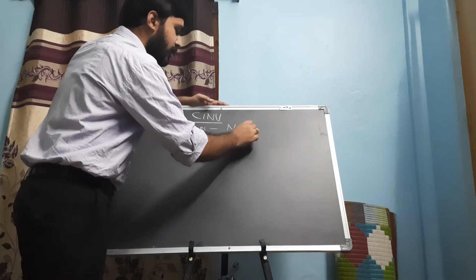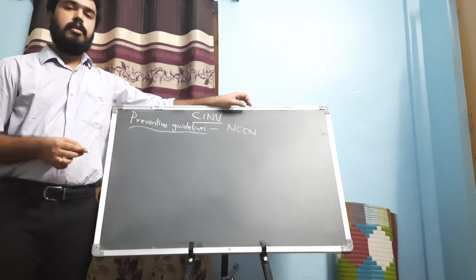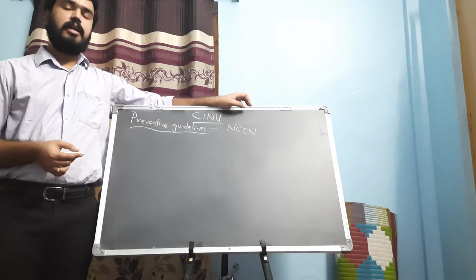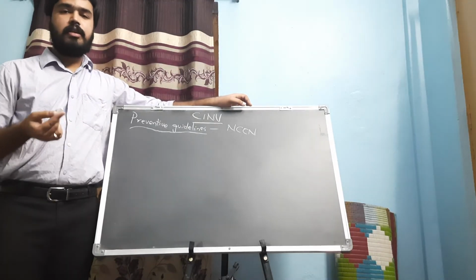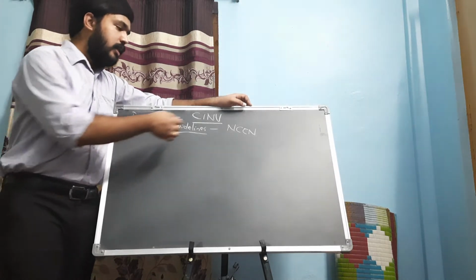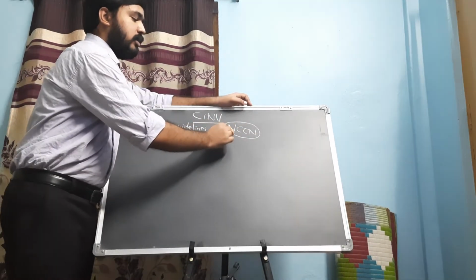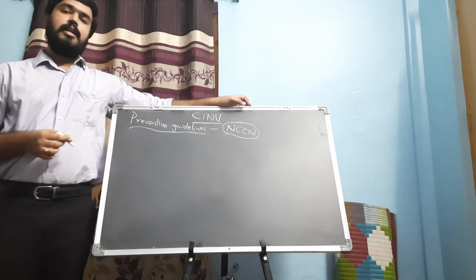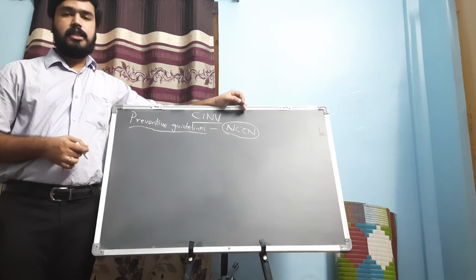There are about 4 to 5 associations which give the guidelines for the treatment or prevention of chemotherapy-induced nausea and vomiting. The National Comprehensive Cancer Network is one among those whose guidelines are extensively followed, which I will be discussing in this session.